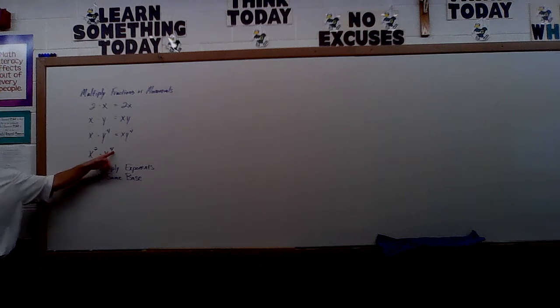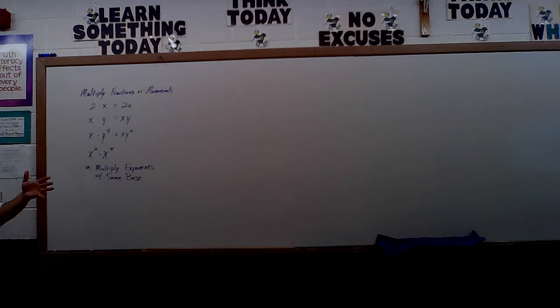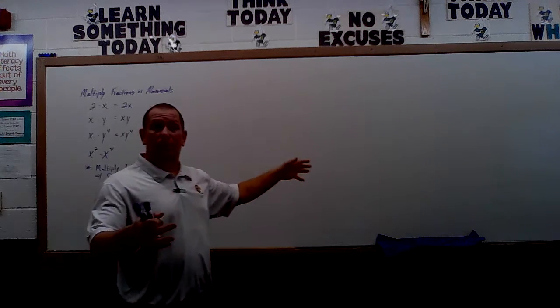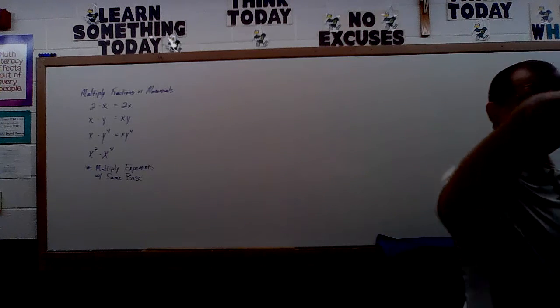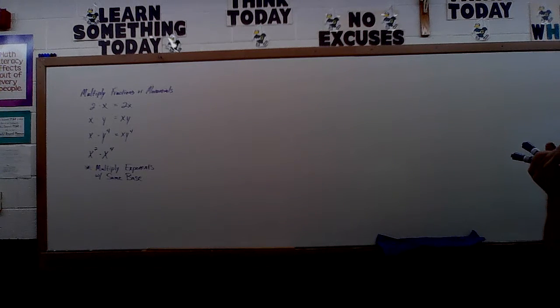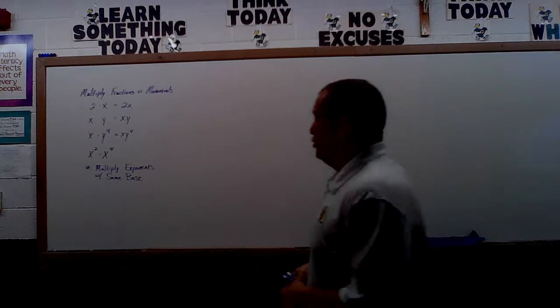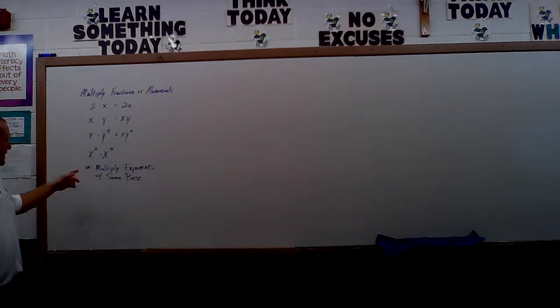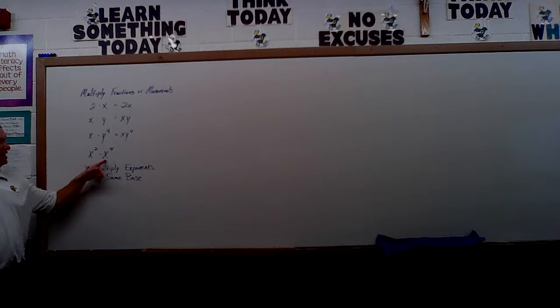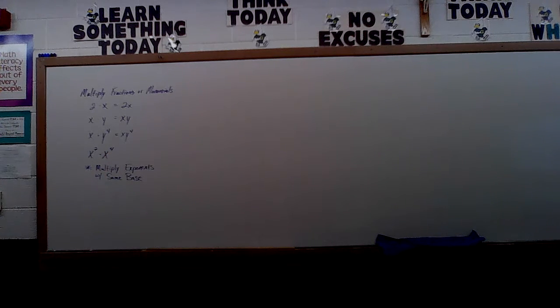And x to the 4th really means what? 4 times, right? So we could realistically just write them all out and then count them all up and see what our answer is, right? I mean, that's one way you could do it, but who would really want to do that if this was x to the 20th and x to the 72nd? I don't want to list all those x's, right? And then count them up and see how many I got, right?